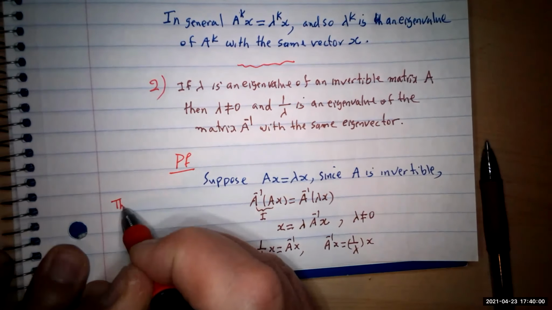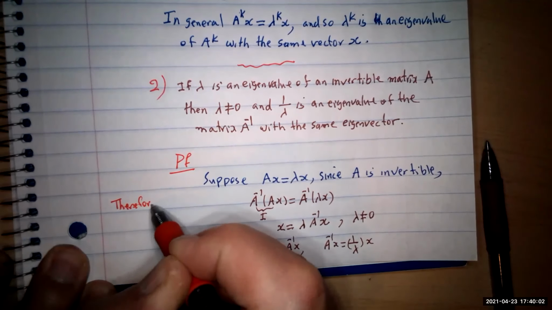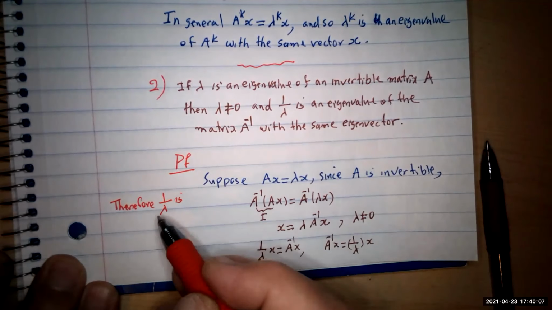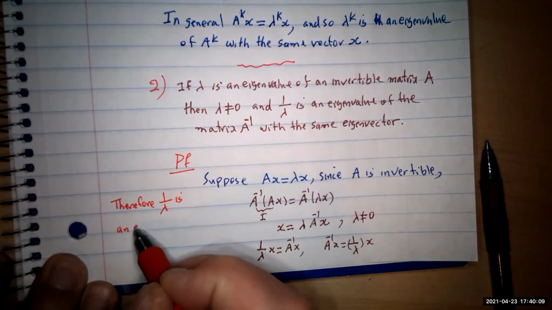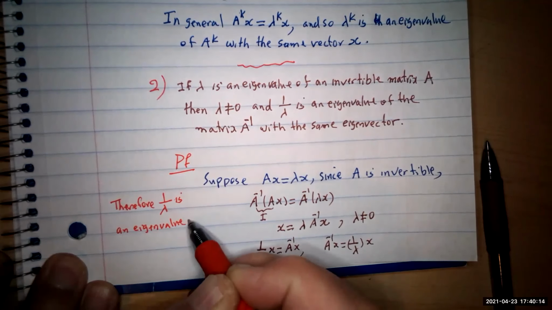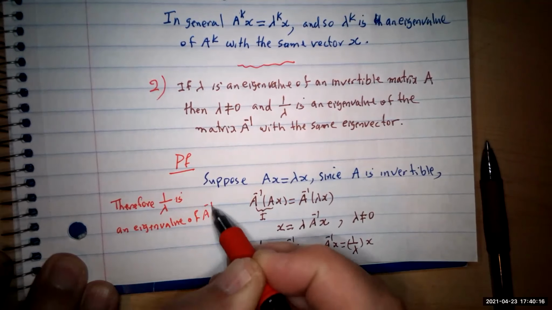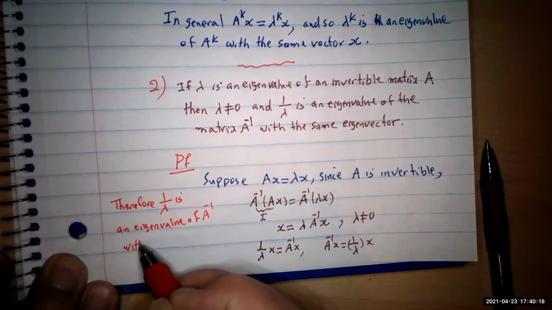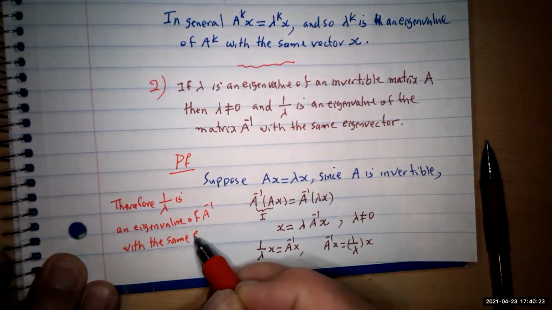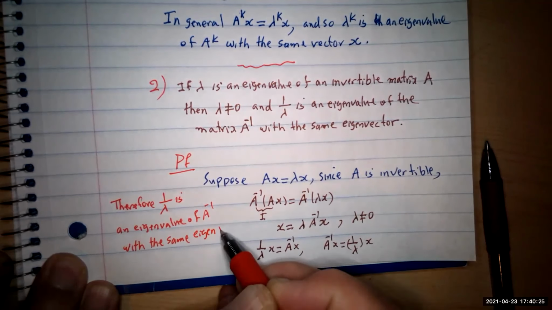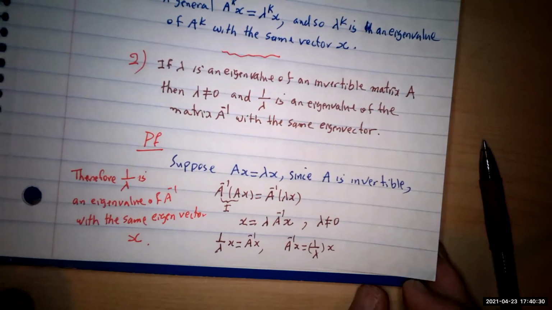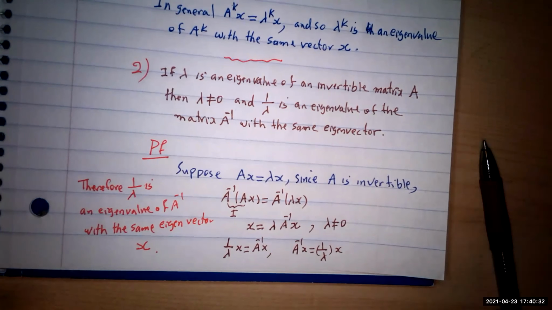Therefore, 1 over lambda is an eigenvalue of A inverse with the same eigenvector X. That's it. Nice proof, easy and nice.